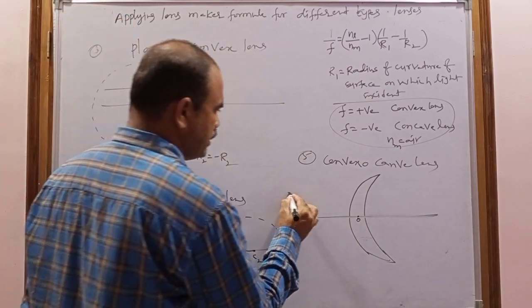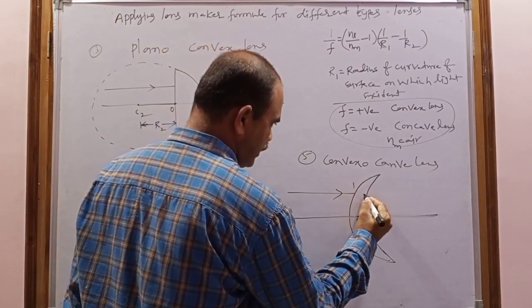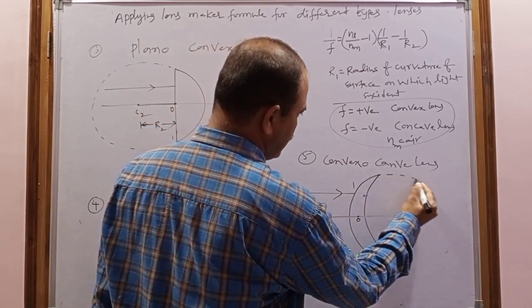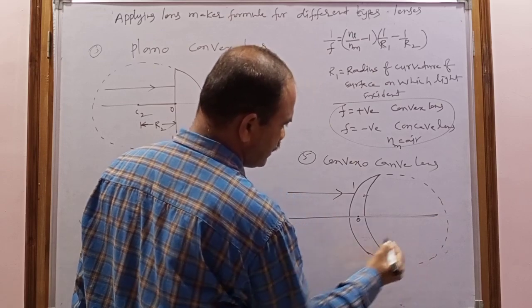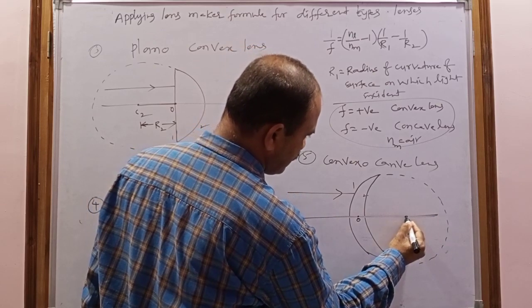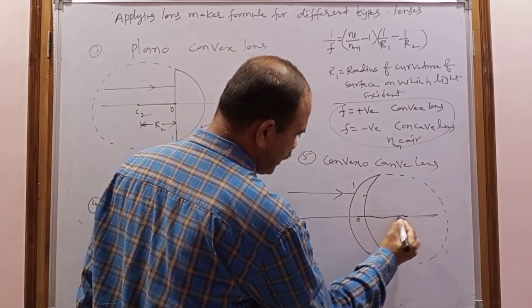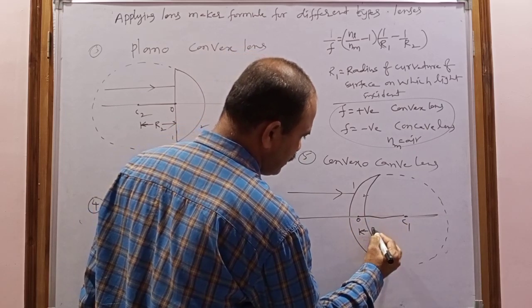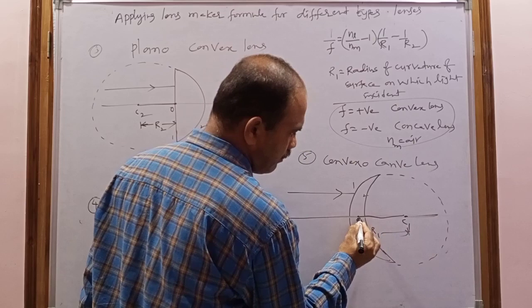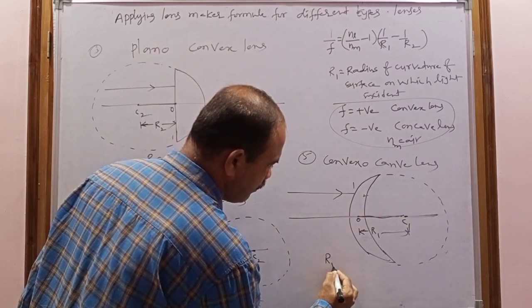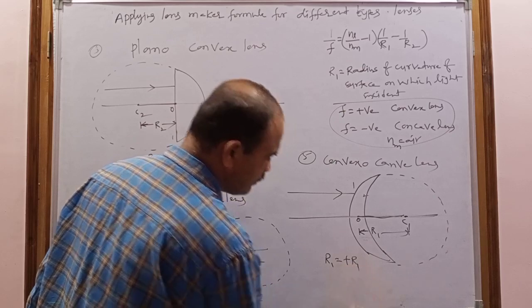Now the light is incident on the surface. This is the first surface and this is the second surface. By taking the first surface, when you draw the sphere, the center of the sphere is called C1. The distance between the optic center and C1 is R1. To measure R1, in which direction are you moving? In the direction of incident light. So R1 will be plus R1.